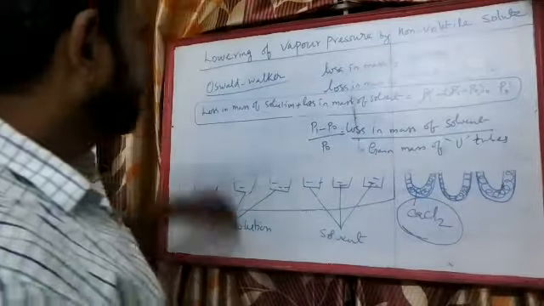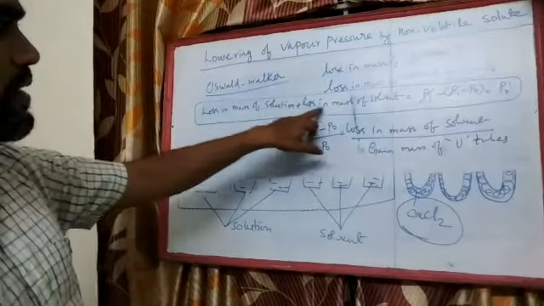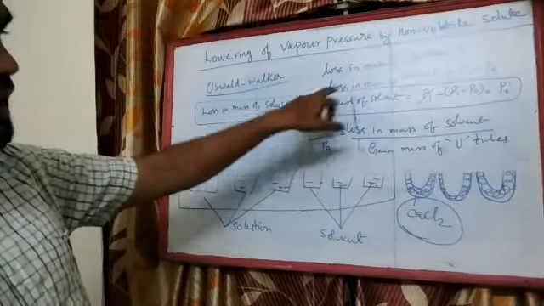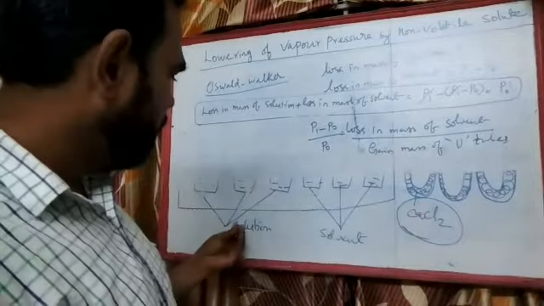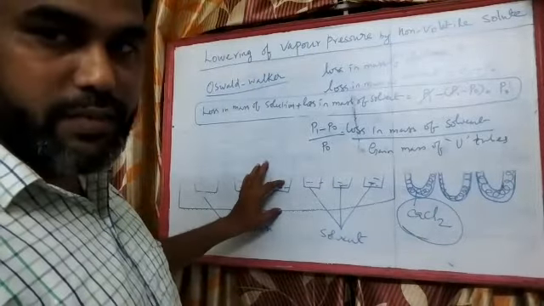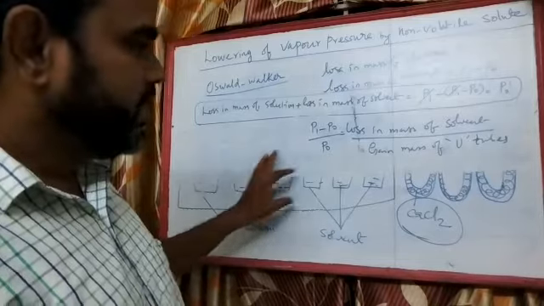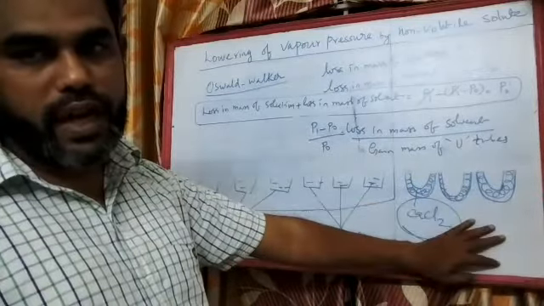So the loss in mass of the solution plus the loss in mass of the solvent is nothing but the gain in mass of the calcium chloride. Whatever loss that takes place here, it is gained through the calcium chloride tubes.